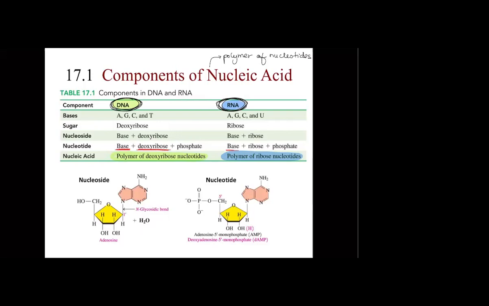So we have a base, we have a sugar, and phosphate. If you have those three components, base, deoxyribose, and phosphate, that is known as a nucleotide.